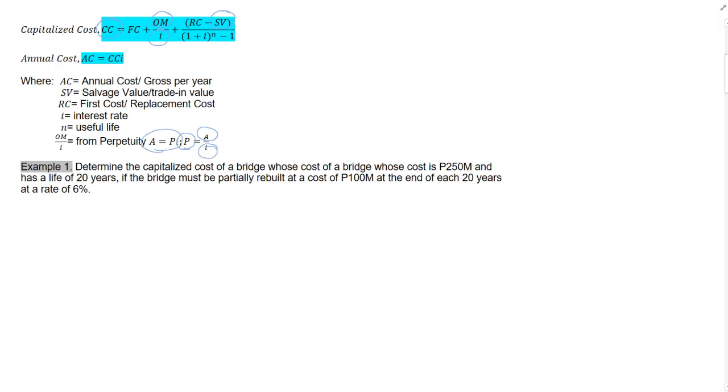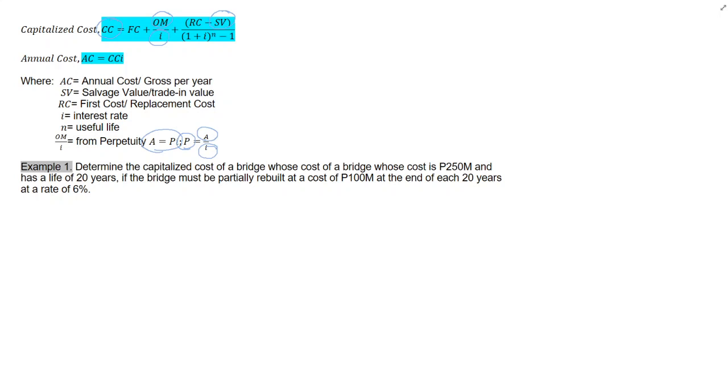So if we are going to have an example, number 1: determine the capitalized cost of a bridge whose cost is 250 million and has a life of 20 years. So your n there, the useful life for the bridge, is 20 years.